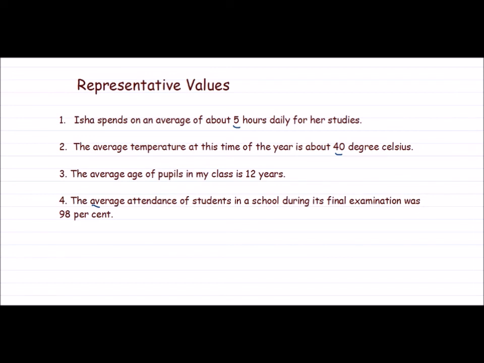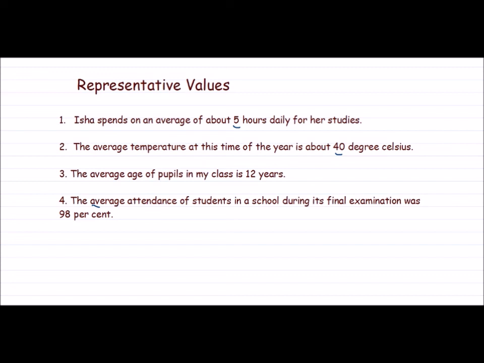Thus, from these statements we realize that the average is the number that represents or shows the central tendency of a group of observations or data. Since the average lies between the highest and the lowest value of the given data, we say average is a measure of the central tendency of the group of data.